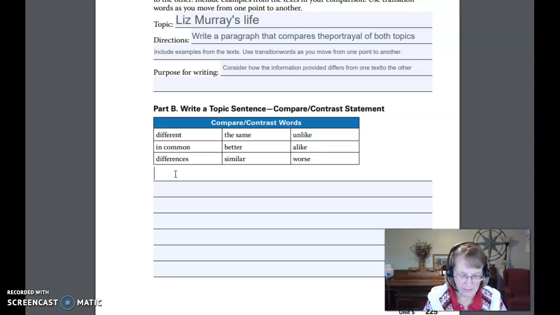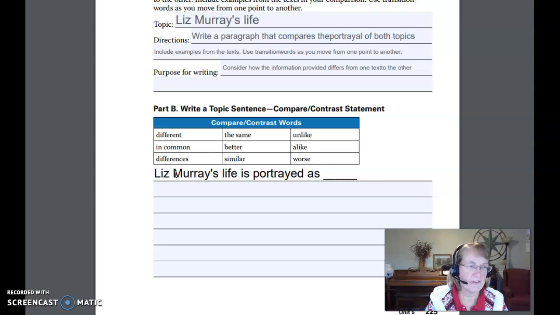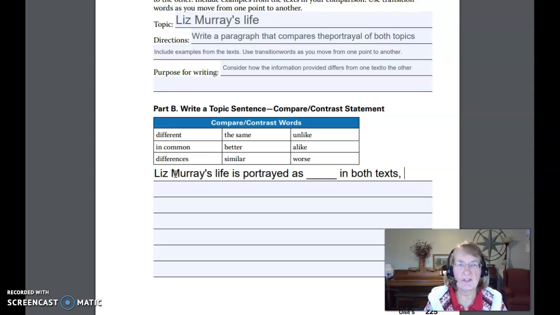Basically just talking about how Liz Murray's life is portrayed as, and I'm just going to leave a blank here, we'll fill it out, as blank in both texts. So we need to make sure that we're saying what's going to be the same, and then we need to talk about the things that are different.